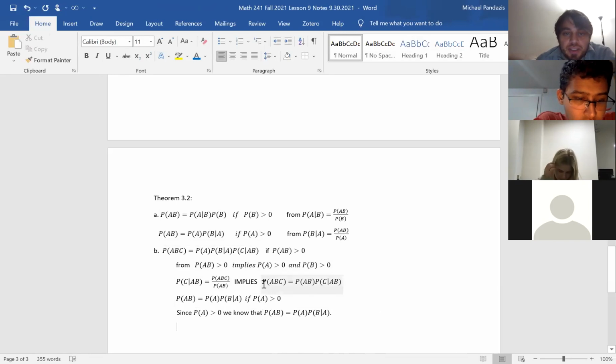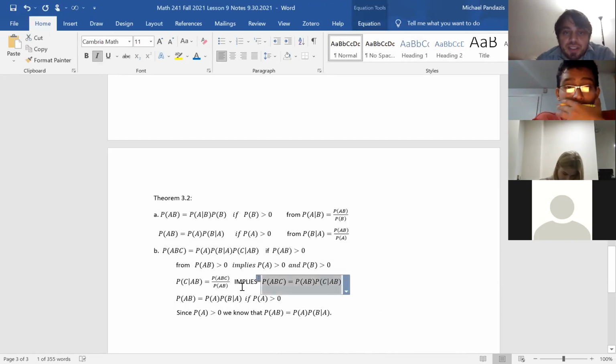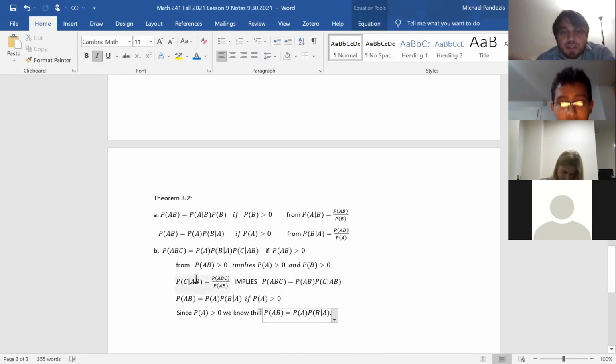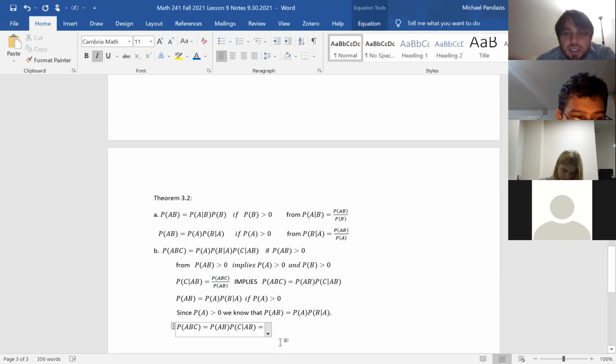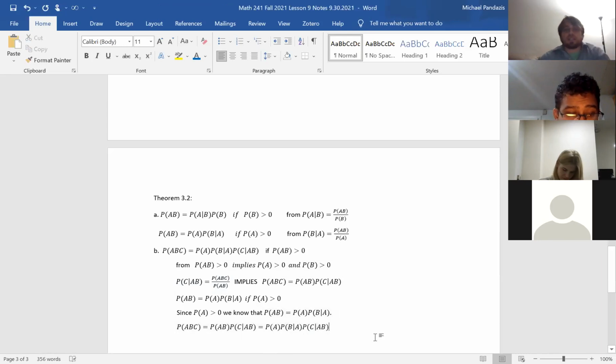And so we already have this, because this equals this implies that these two are equal. Now we have that the probability of AB is equal to this, and so I just substitute the probability of AB here for this, and then I multiply it still by the probability of C given AB. And now that's it.